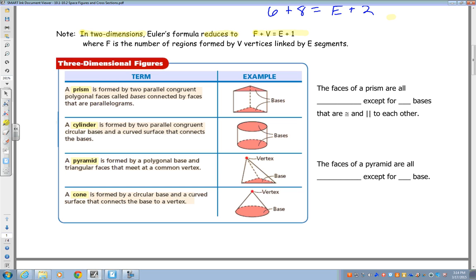For example, the base is a triangle here, so it's a triangular prism. The faces of a prism are all polygons, except for the 2 bases, which are congruent and parallel to each other. Your lateral faces are also normally rectangles, but I will show you some examples of when that's not the case.